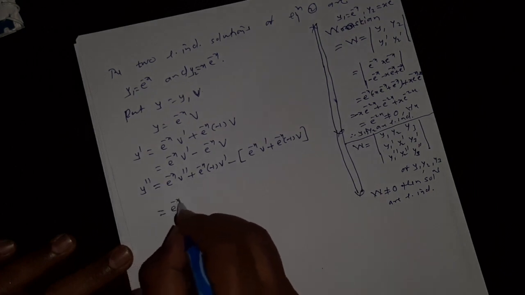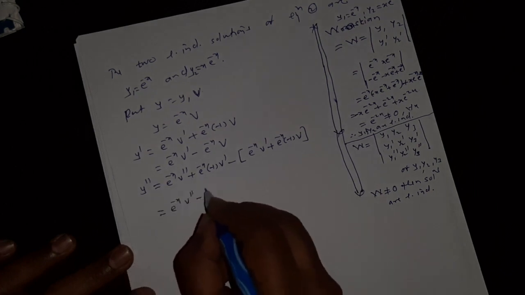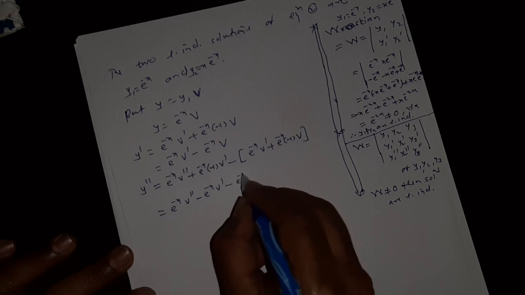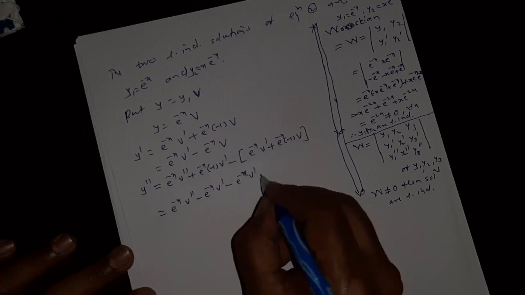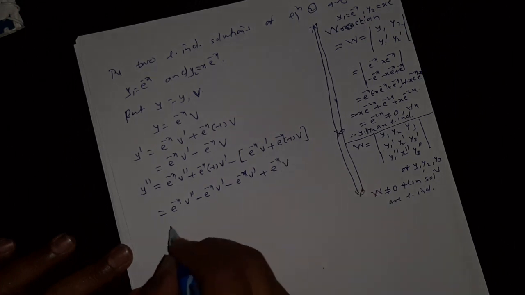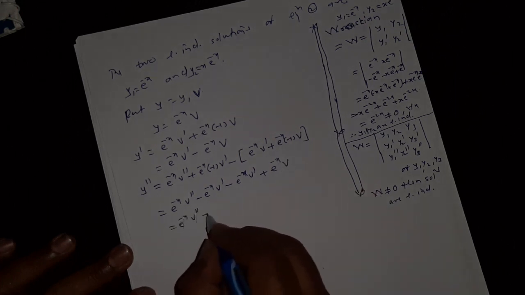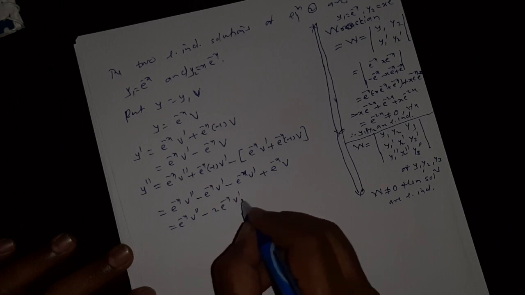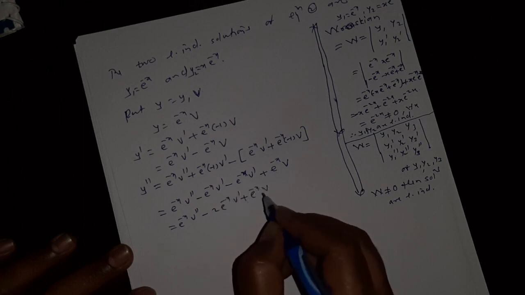So we have e raised to minus x v double dash minus e raised to minus x v dash minus e raised to minus x v dash, minus minus becomes plus e raised to minus x v, and this is equal to e raised to minus x v double dash minus 2 times e raised to minus x v dash plus e raised to minus x v.